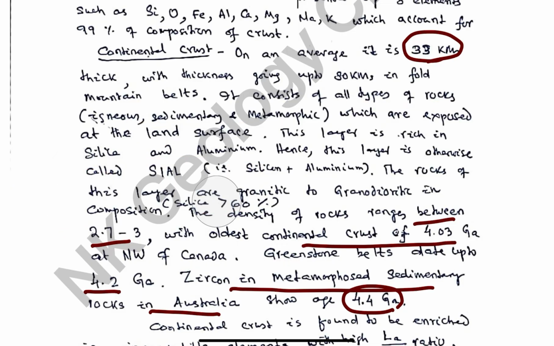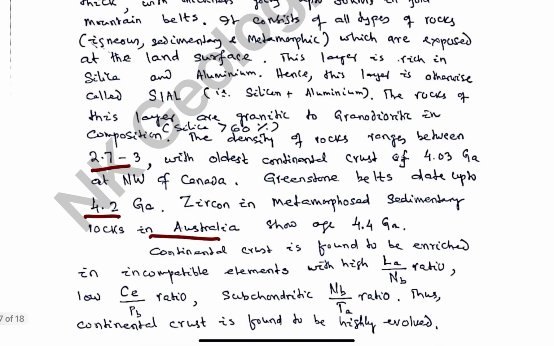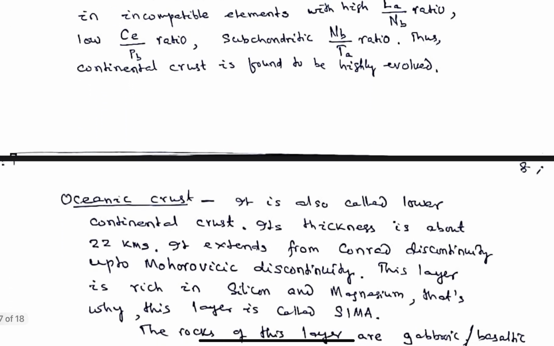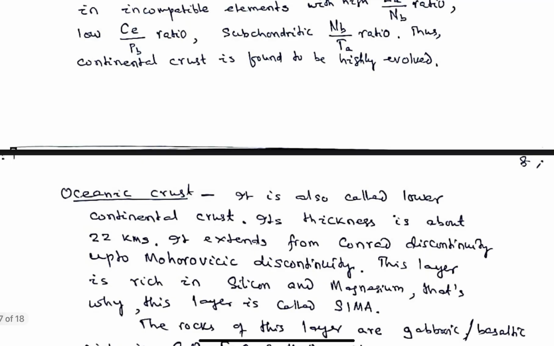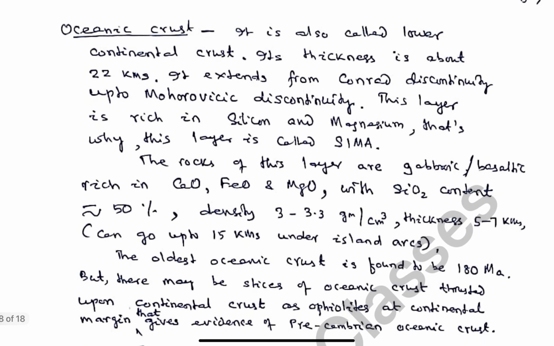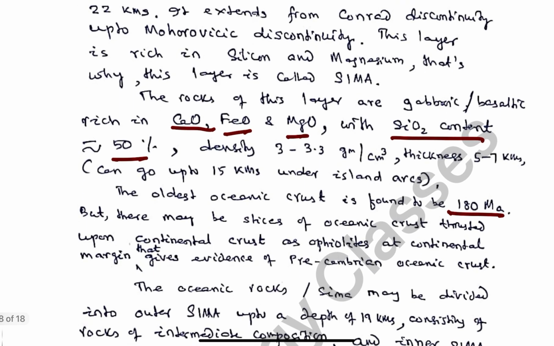So, crustal rocks are very old, but the oceanic crust is made up of very young rocks. The maximum age of the oceanic rocks is about 180 million years. They are made up of calcium oxide, iron oxide, magnesium oxide with silica content less than 50% or around 50%.